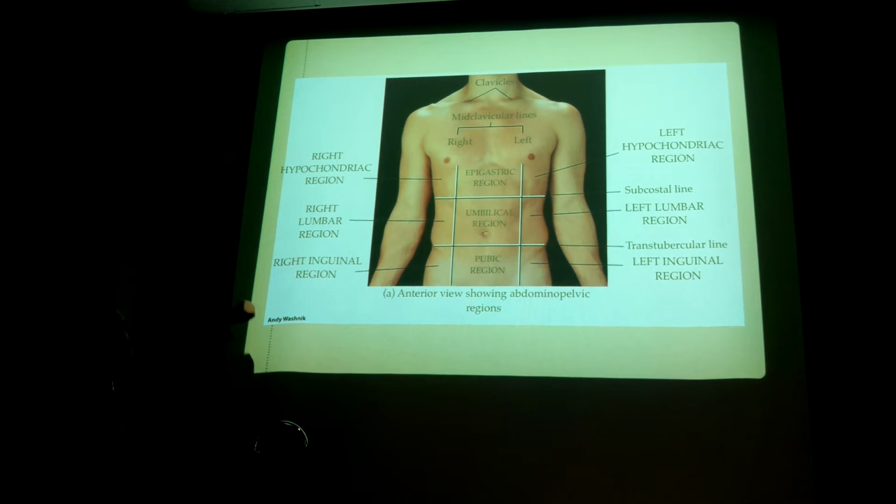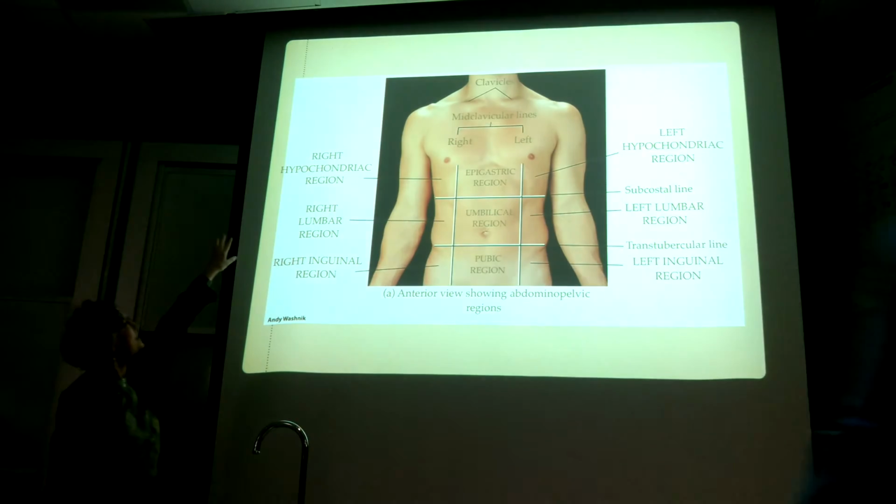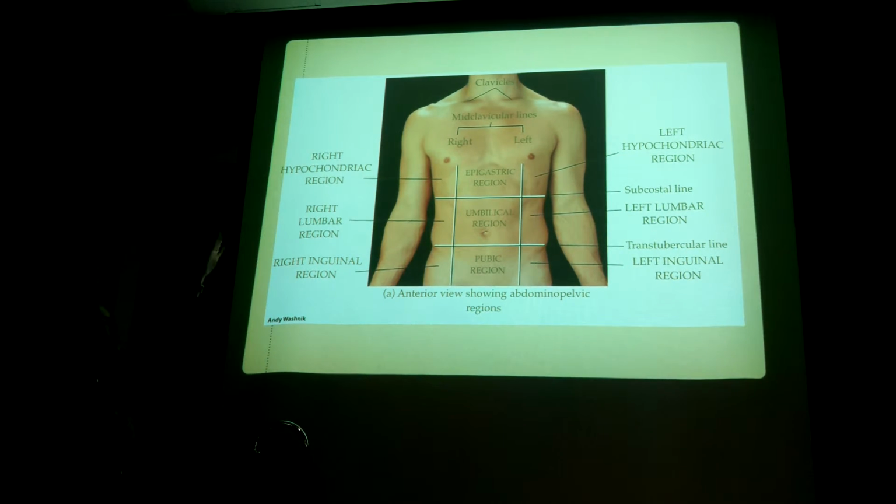Okay, so now we're going to divide this region into 9 squares instead of quadrants. And we're going to get into a little bit more descriptive language here. Hypochondriac region. This means hypo is below, chondriac is referring to a huge cartilage that's located there.